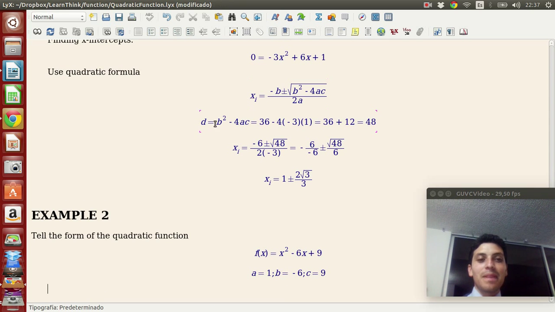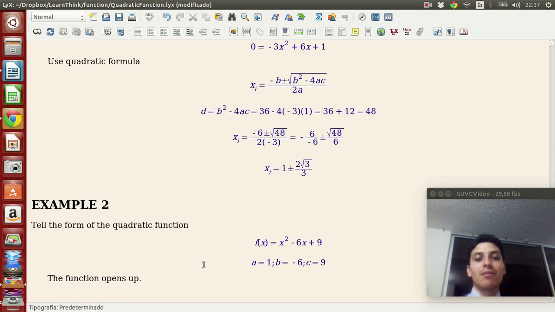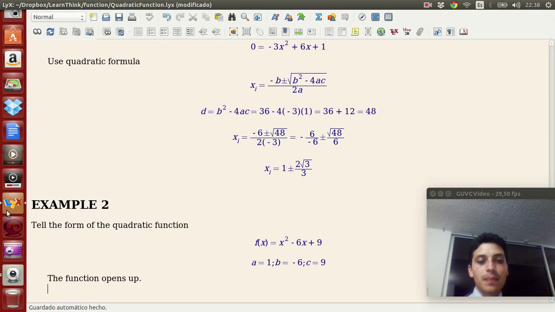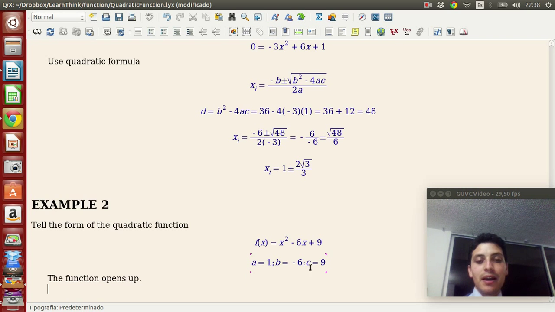Now, is 1 positive? So the function opens up. Now, I know that this is the form of the function. In this case, it's not this form, but the other form. Now, you know that the y-intercept is 9.